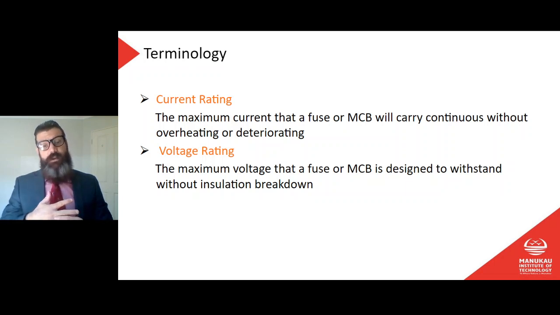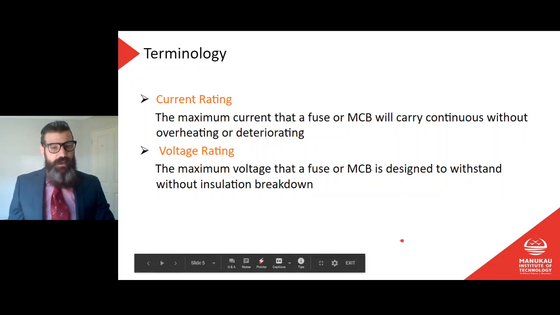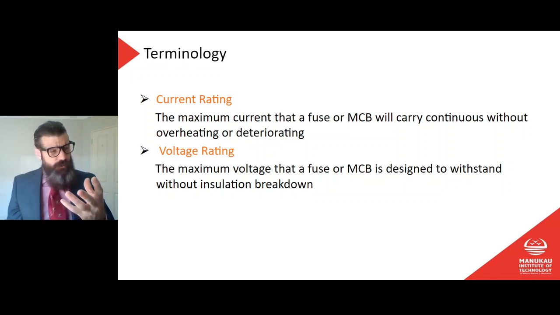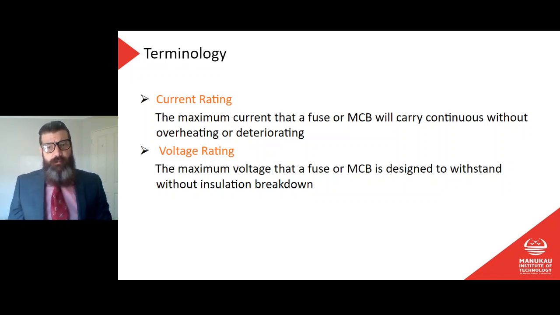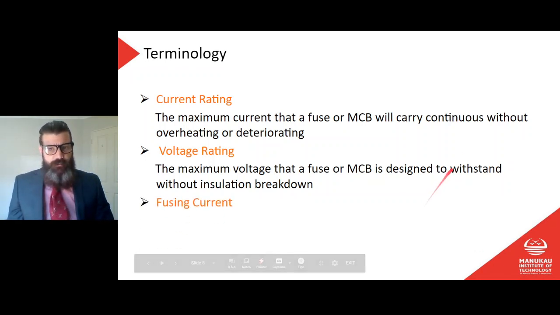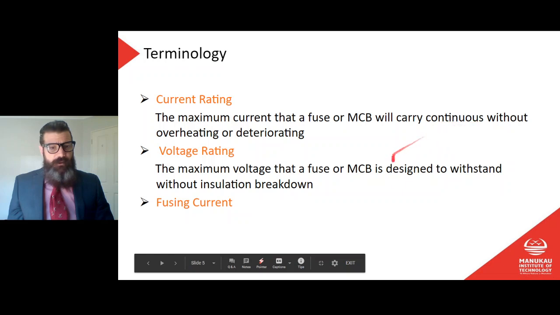Current rating is the maximum current that it will carry continuously. It's not the same as the fusing rating, or it's not the same as the prospective short circuit current or breaking capacity, like the maximum amount of current that it can successfully trip. Just means the maximum it can carry continuously.